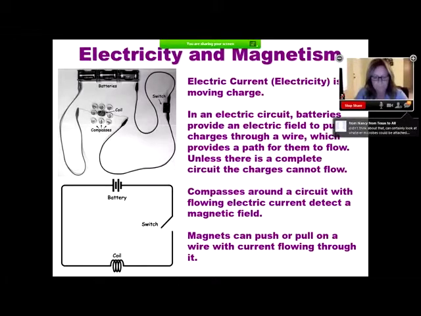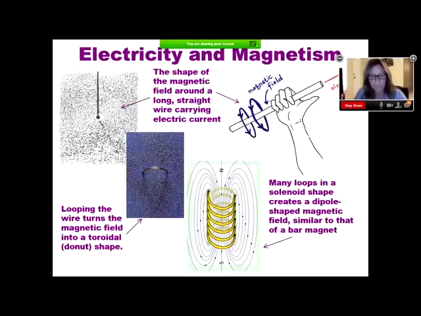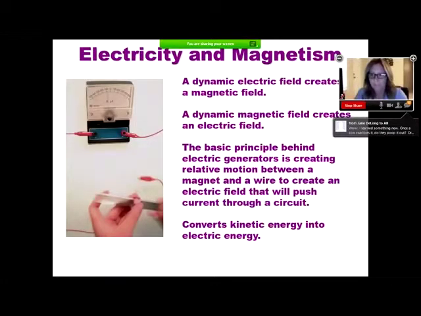There are more activities in this guide where students can work with electricity and magnetism, so for those of you who want to do that, you can look in there. These slides just show a little bit more about what to expect with electricity and magnetism.